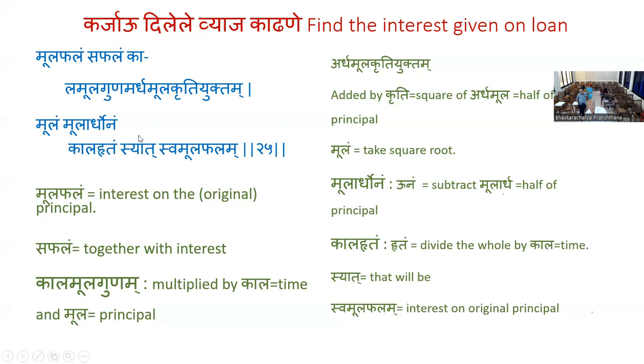So multiplied by Kala, which is time, and multiplied by Mula also, that is the original principal. Mula is the original principal, and Mula Phalam means interest on that. Saphalam means take interest, add that interest to that. So we have Mula Phalam, Saphalam, Kala, Mula, Gunam. Multiply by Kala and multiply by Mula.